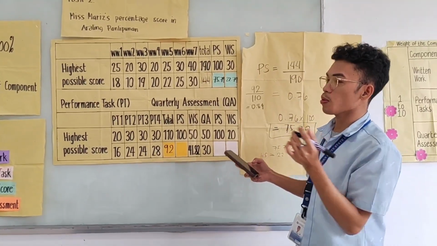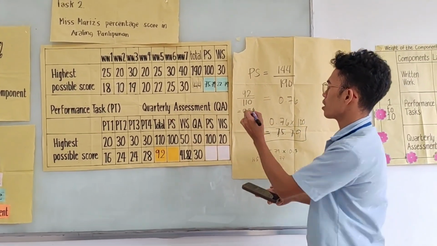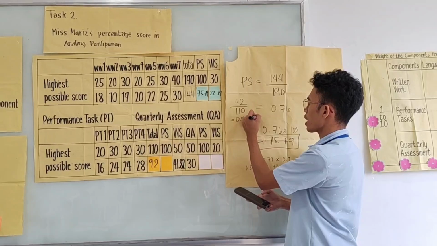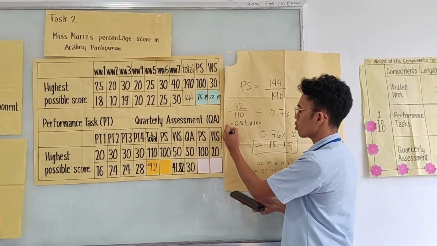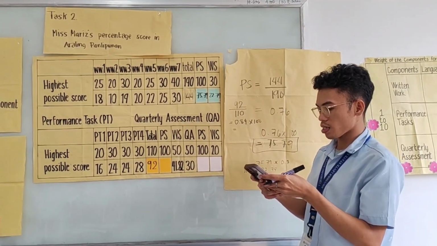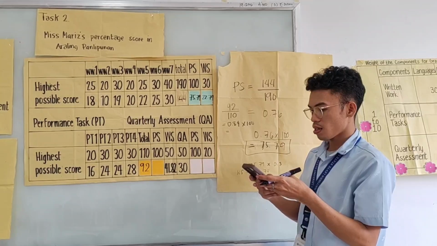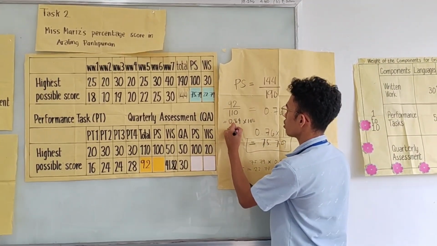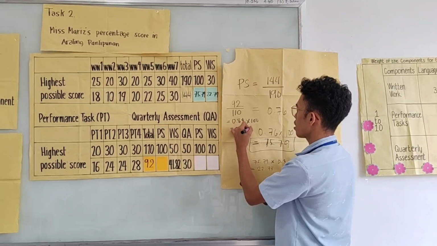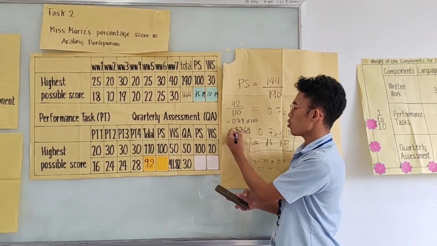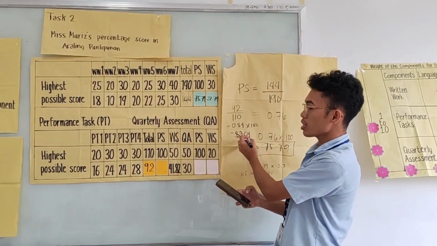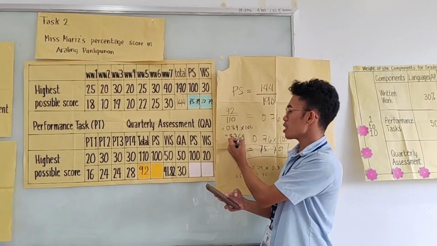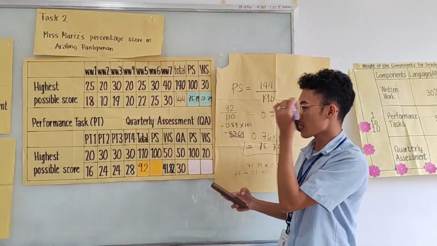Next, we're going to multiply this by 100. So 0.84 times 100, the total percentage score is 83.64. This is the percentage score of Miss Marie's in the performance task.